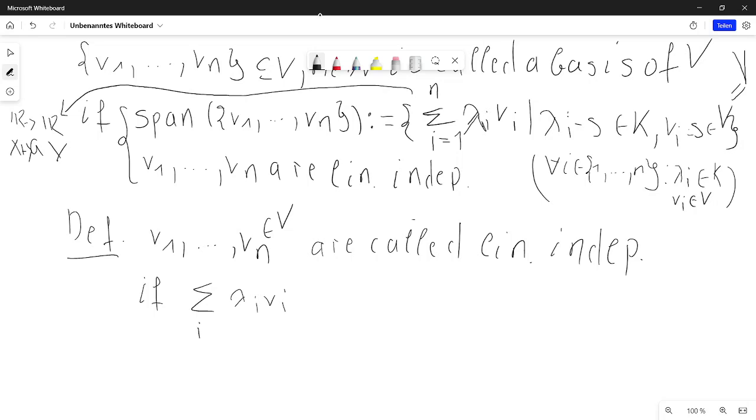If I just have this e_i, and here is an index i, and here the vectors are numerated from 1 to n, then obviously this sum from i equal 1 to n equal 0 implies all of the coefficients equal to 0. So obviously a trivial representation for the 0 vector would be to choose the coefficients all equal to 0. But now we want that this is the only possible representation of this 0 vector in our space.